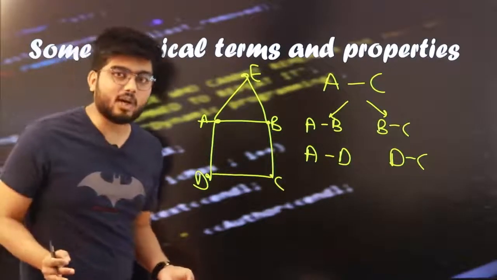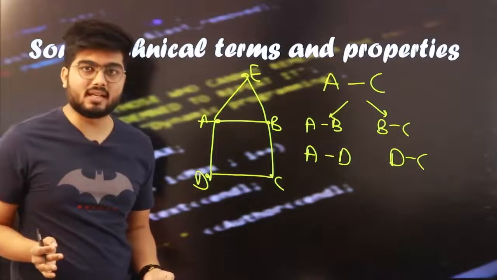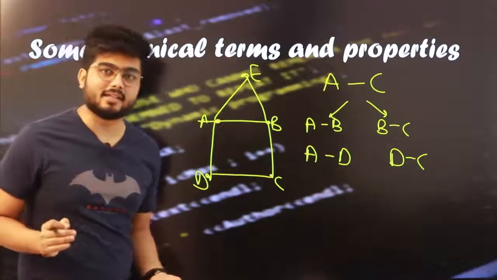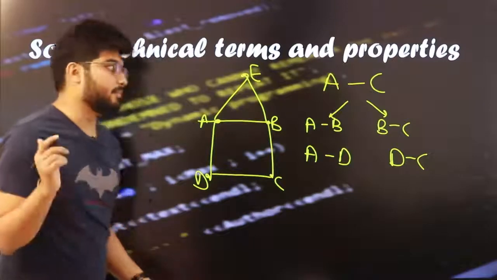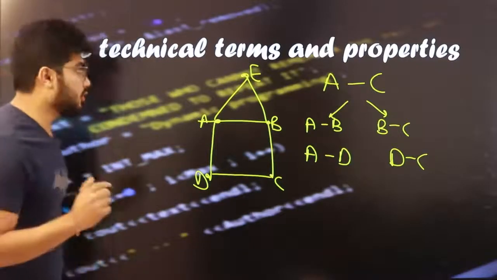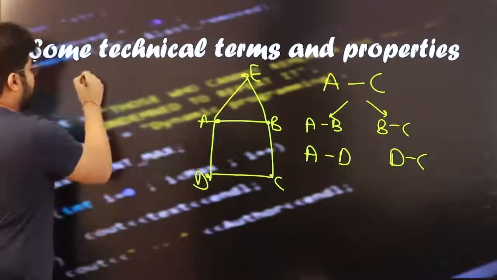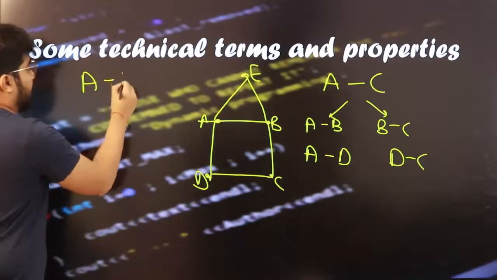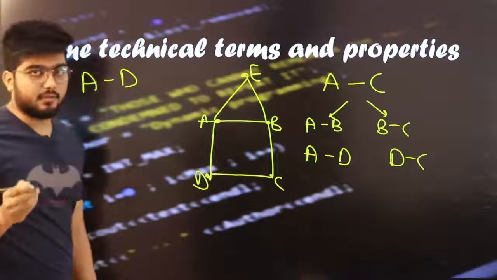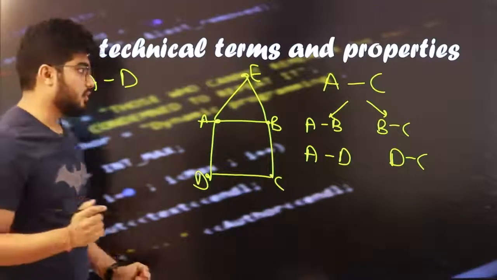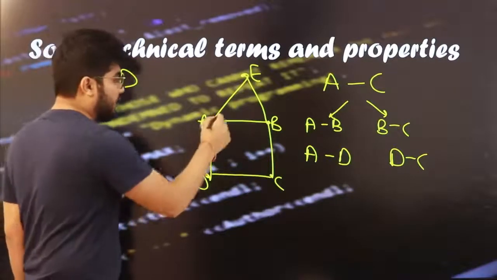But as I said, until you find a counter example, the concept doesn't sit in your mind. So let's take a counter example. Now I change the question. Suppose you want to find the largest path from A to D. The largest path from A to D, what is it?